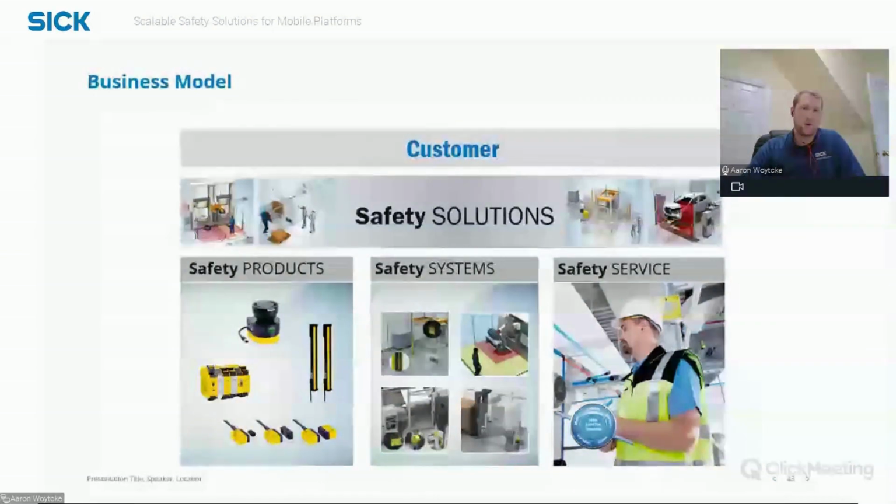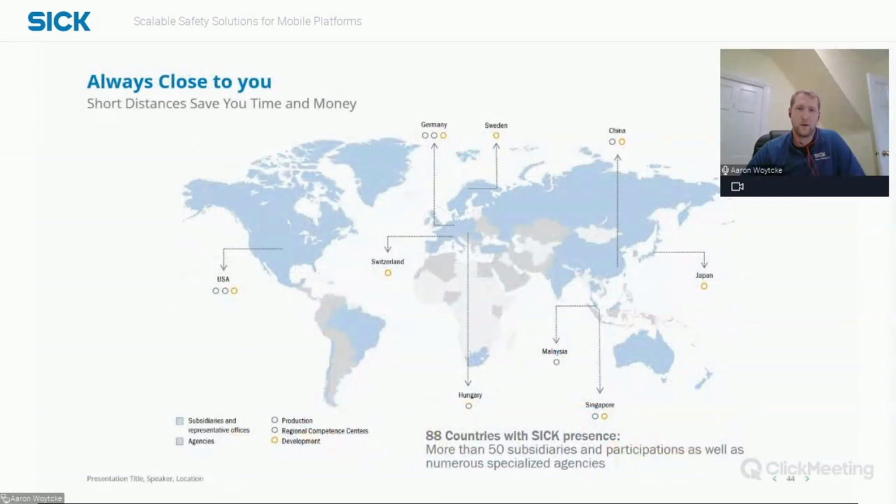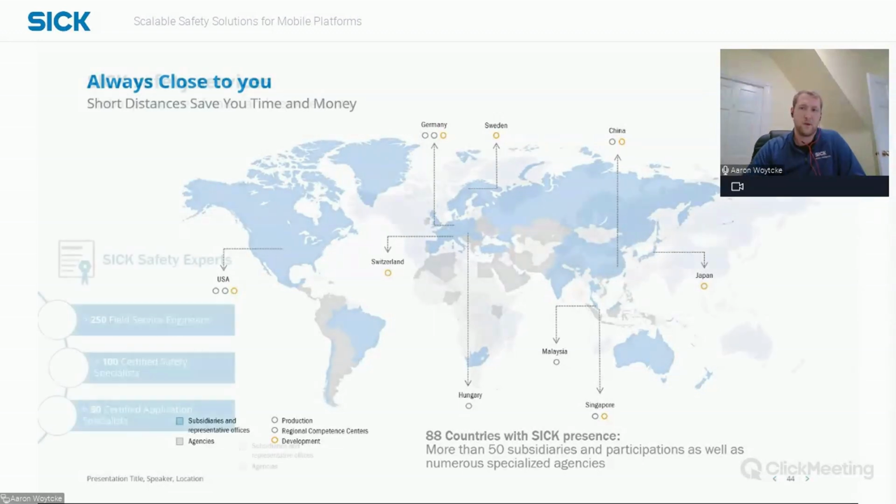To do this effectively, we also have to look at the globe. We live in a world that's shrinking quickly. With borders a thing of the past, there's a SICK resource that will be close to you. So SICK globally services 88 countries through 50 subsidiaries, consisting of various sales and service units, production centers, competency hubs, and development teams.